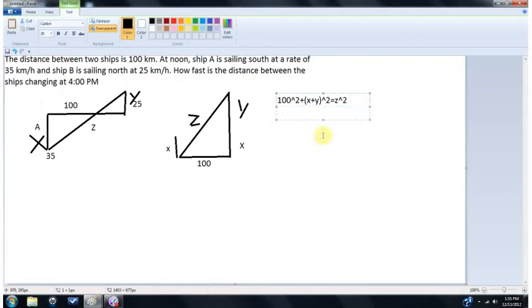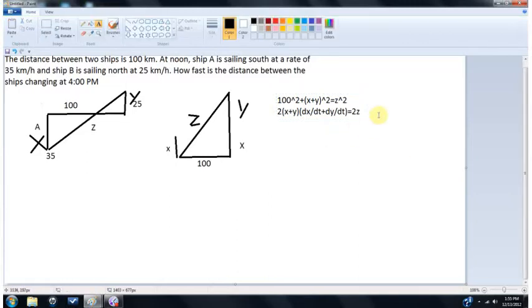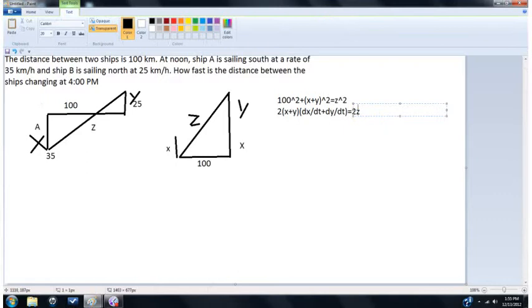Our next step is to use the chain rule, which gives us 2 times x plus y times dx over dt plus dy over dt equal to 2z times dz over dt.